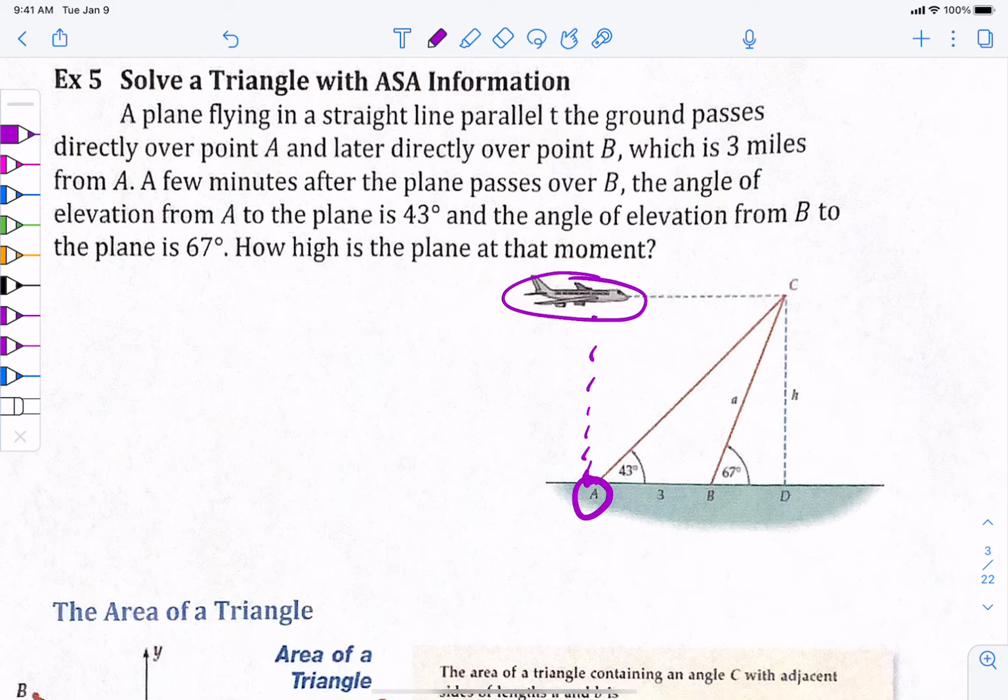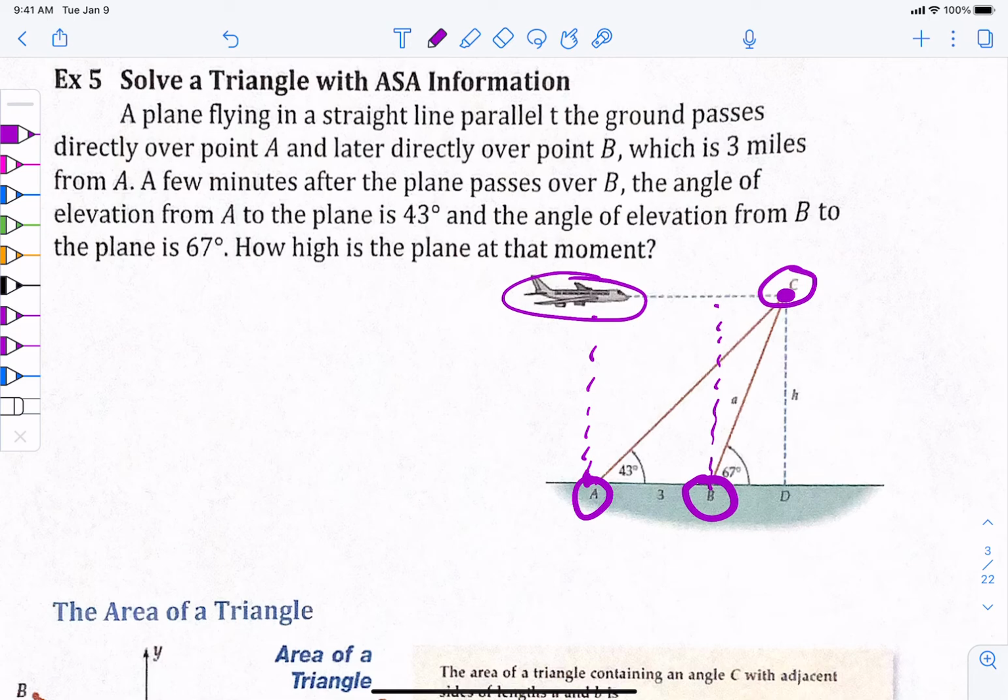So it's directly over top of point A. And then later, it is directly over top of point B, which is just down here in the bottom. And then it continues on, and it gets to the point where it's at C up here at the top. So it's to the right of both A and B, the points below. Maybe there's people standing there, but it's flown over top of both of those people, and now it's to the right side of them, okay?